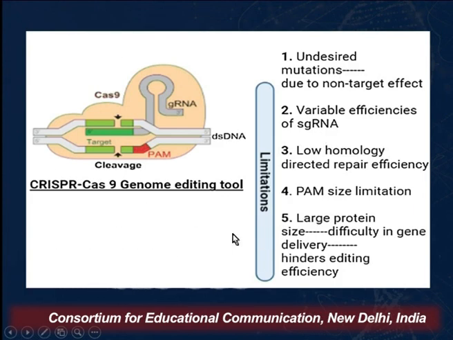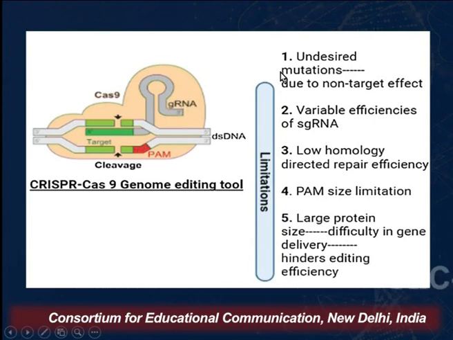However, it does contain certain limitations. It is not 100% foolproof for off-target edits. So it also has its own challenges. The basic limitation is the requirement of the PAM. Then another problem is the large protein complex that needs to be introduced into the cell.